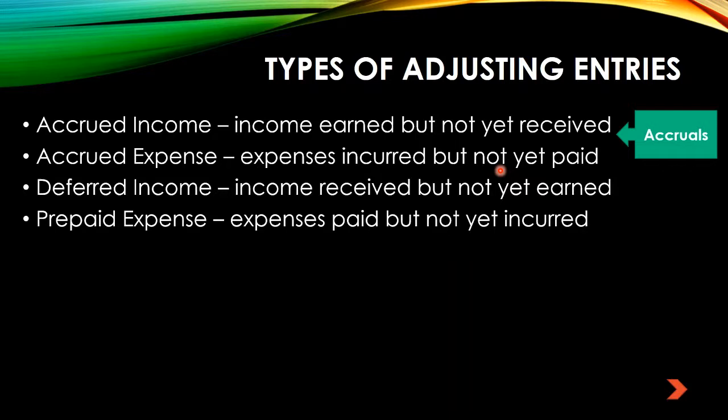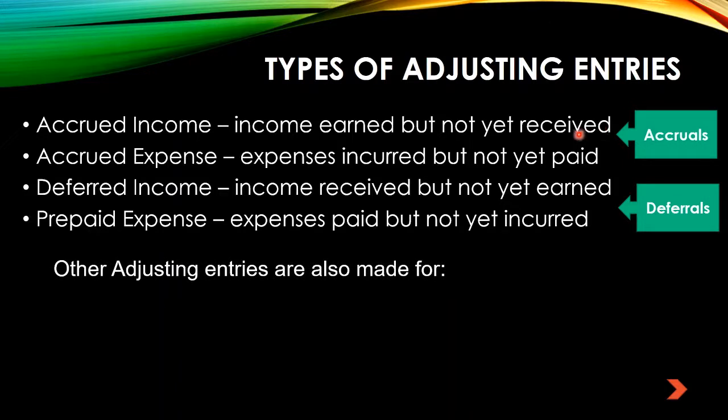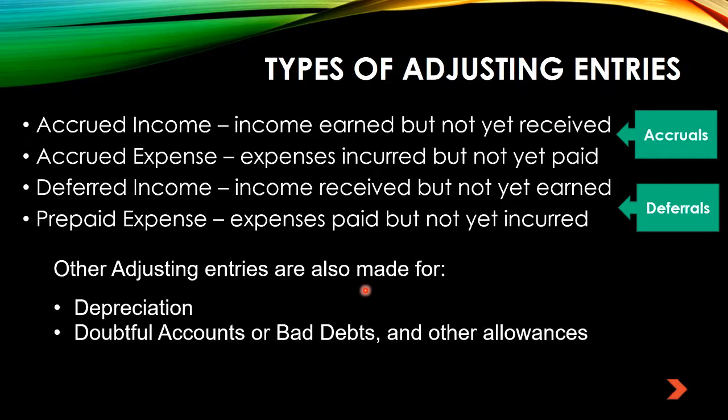Prepaid expenses, wherein the company already paid for the particular expense, but they did not incur it yet or did not use it yet. Okay? So we refer to these as deferrals. And the other type of adjusting entries, which we will be covering today, is depreciation and doubtful accounts. So this is referred to as provisions.